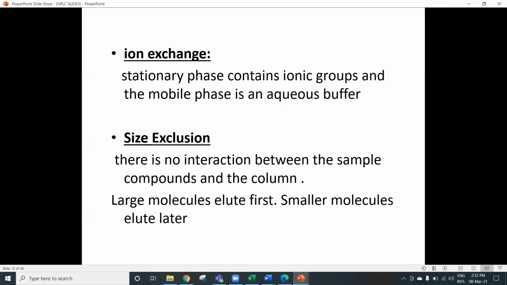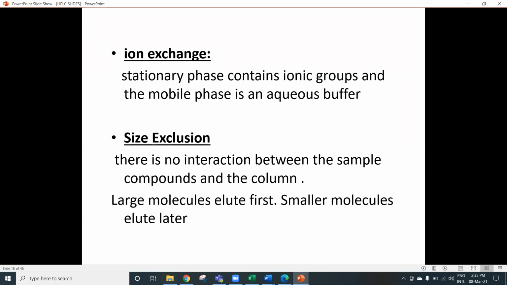And just like we saw before, HPLC can also be applied to all the other forms of chromatographic separation. Remember the first lecture, we looked at partition, adsorption, ion exchange, and size exclusion. And we said for GC, it's only adsorption and partition that are applicable. But HPLC can go beyond adsorption and partition.